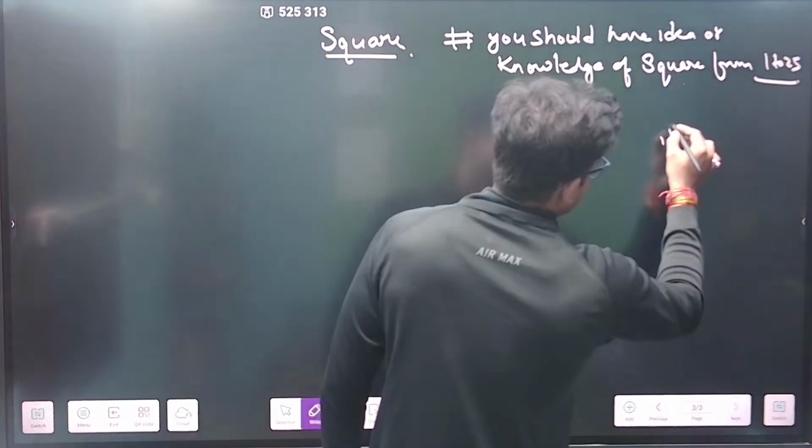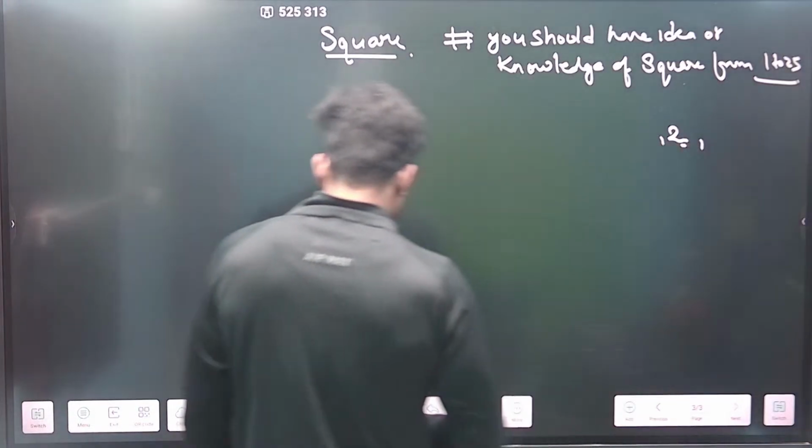For example, 1 square is basically 1, 2 square, like that. You should at least have that knowledge.